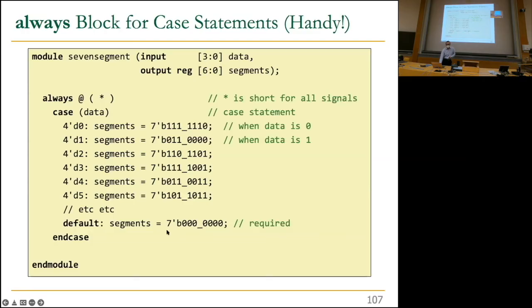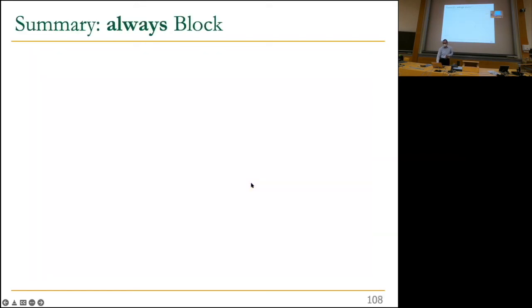This ensures that in all possible cases, segments is assigned based on this default, because you may not declare all possible values of the data on the left-hand side, and then you default to the default case. So this is again combinational, and this is a case statement. Based on the value of the data, you do an assignment to segments. Clearly, you can add more inputs here and some other logical statements, but we keep it simple.